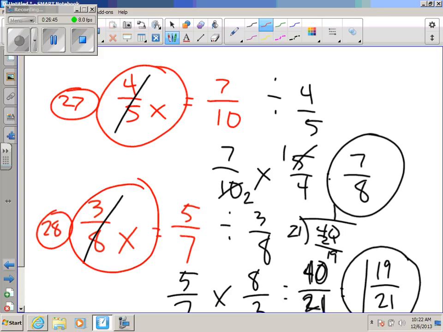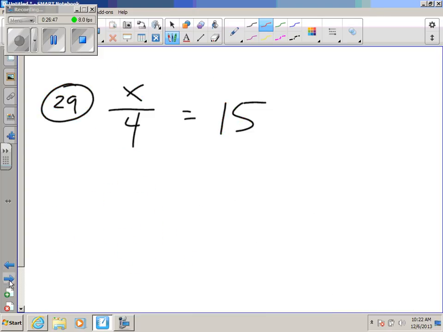Here, x is in the fraction. It's different. So x is actually being divided by 4. So the opposite is to multiply by 4. I don't have to put it in fraction form because that's not a fraction. X now equals 60.